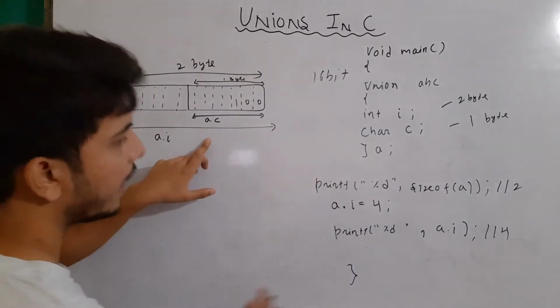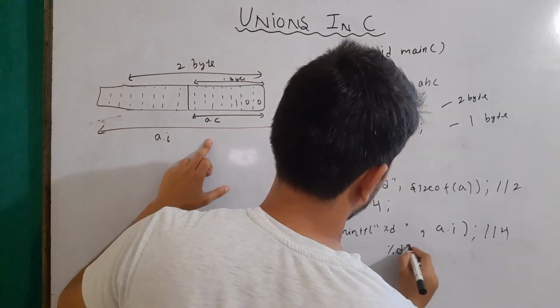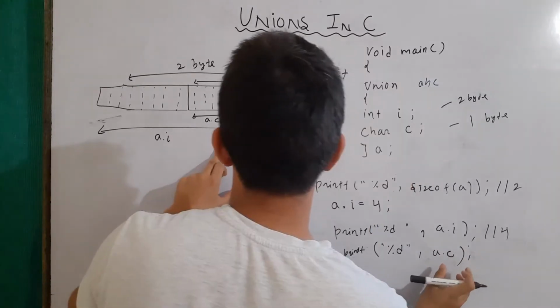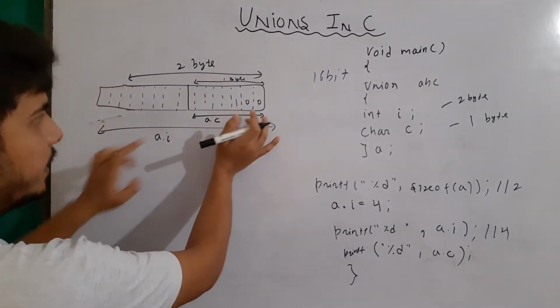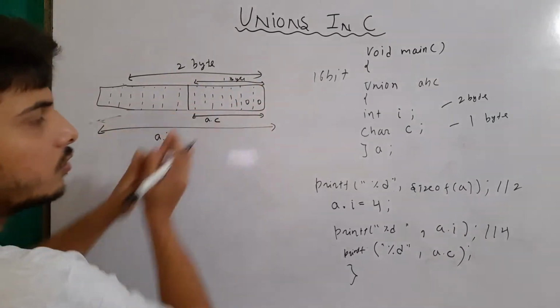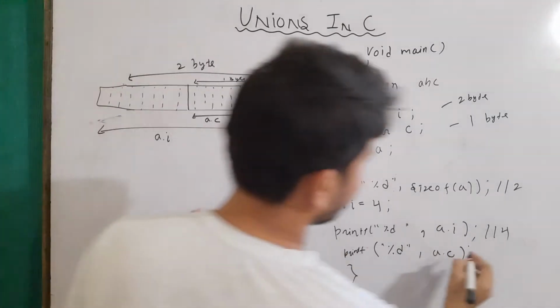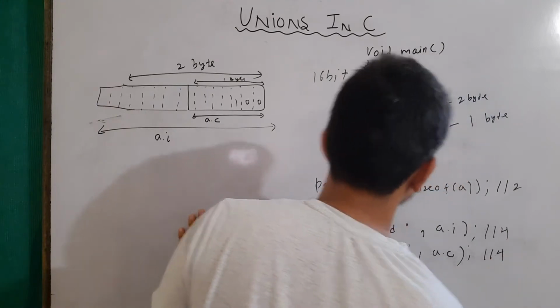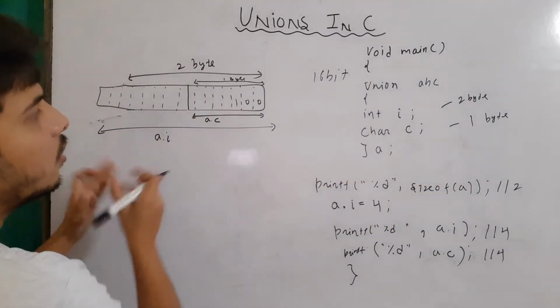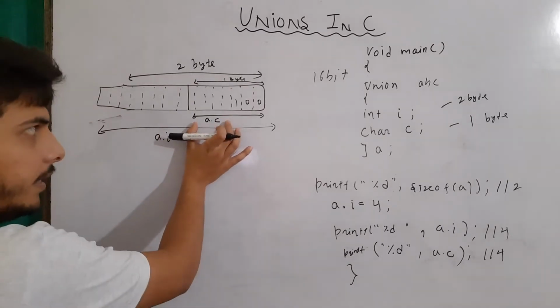But let's say I write %d and then a.c. In this case the content present in this byte has also been changed, so here also our output will be 4. So you can see that changing one element will also affect the other element.